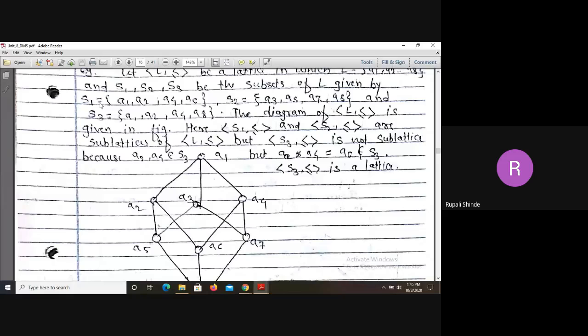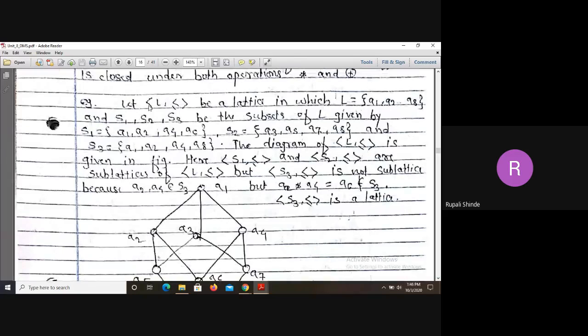That's why we can say that S1 is closed under operations meet and join, and that's why S1 is a sublattice of the given lattice. In this way we can check. Let me know whether you have understood how S1 is a sublattice of the given lattice.